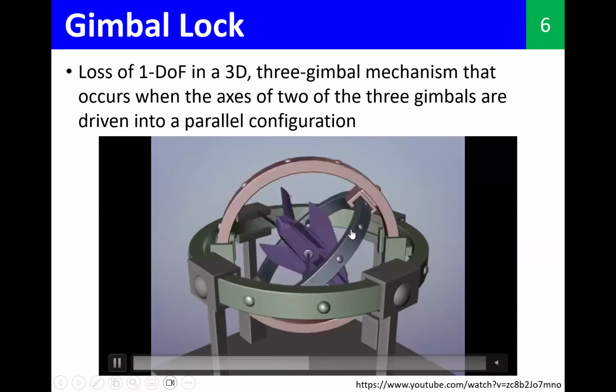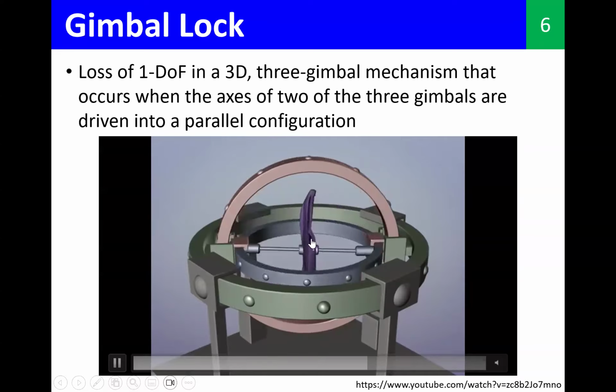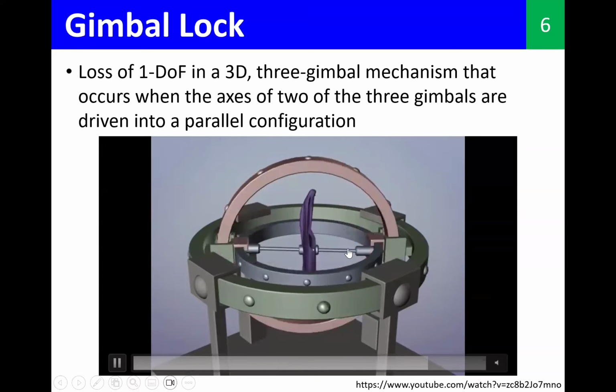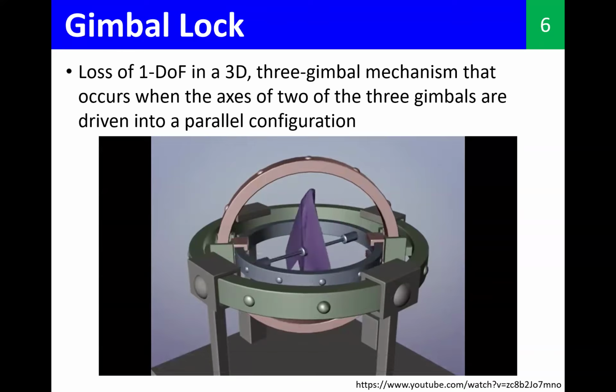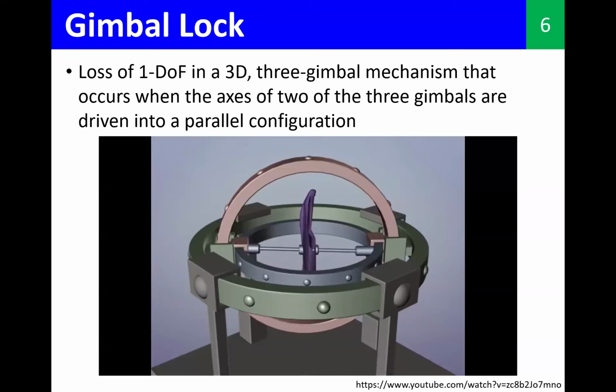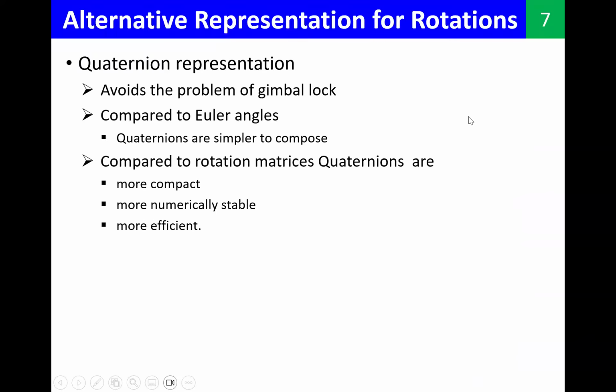You can have any arbitrary orientation by moving these gimbals, but when the pitch is 90, now you can see two degrees of freedom are aligned to give you just 1 degree of freedom, right? So that's what happens in this singular configuration. Therefore, Euler angles can be problematic in certain scenarios.